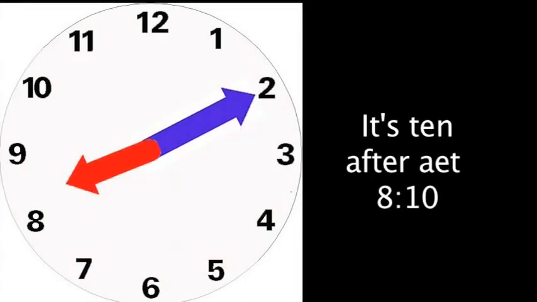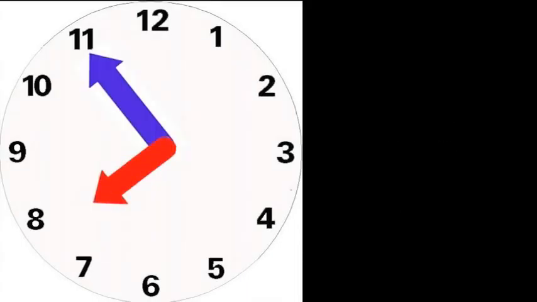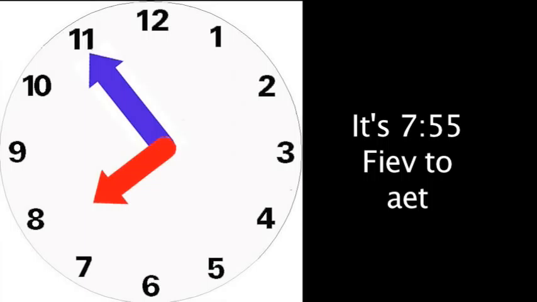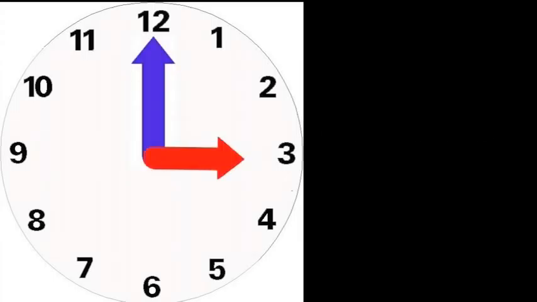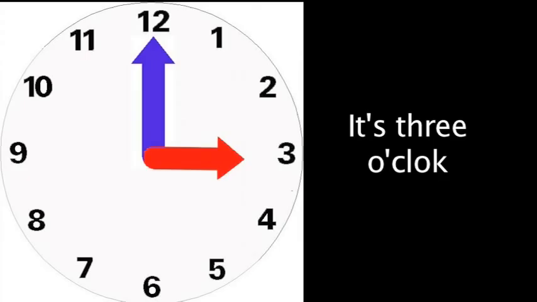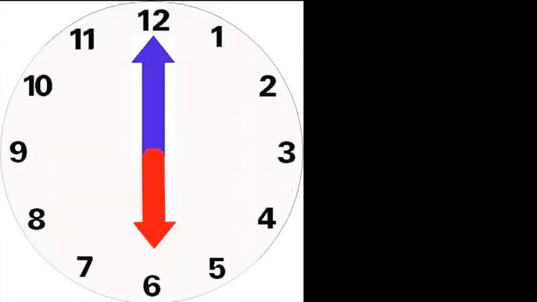What time is it? It's 8:10. What time is it? It's 7:55. What time is it? It's 1:45. What time is it? It's 3 o'clock. What time is it?